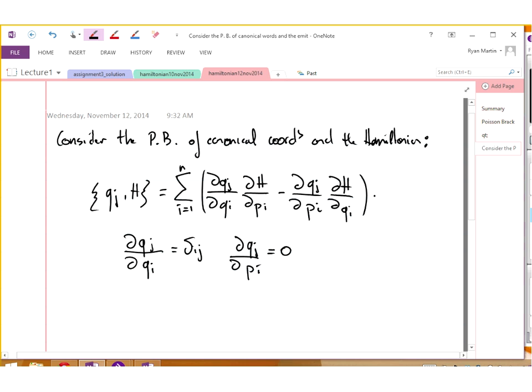And so, given that, we find that this Poisson bracket is simply equal to ∂H/∂Pj. So the second term in the Poisson bracket is 0.